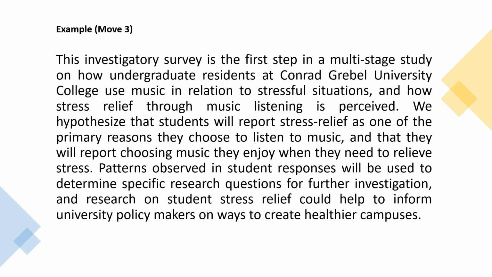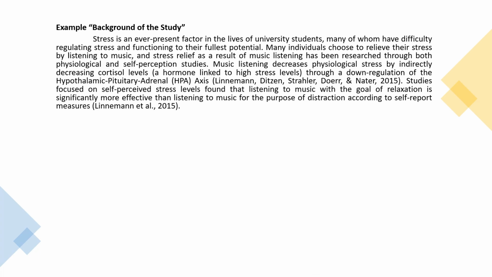So based on what we have done so far in that example of a research topic on stress and its relationship with music listening, this is how you can now write the whole background of the study using Move 1, where you put your research in context by describing the general area of research where it belongs.